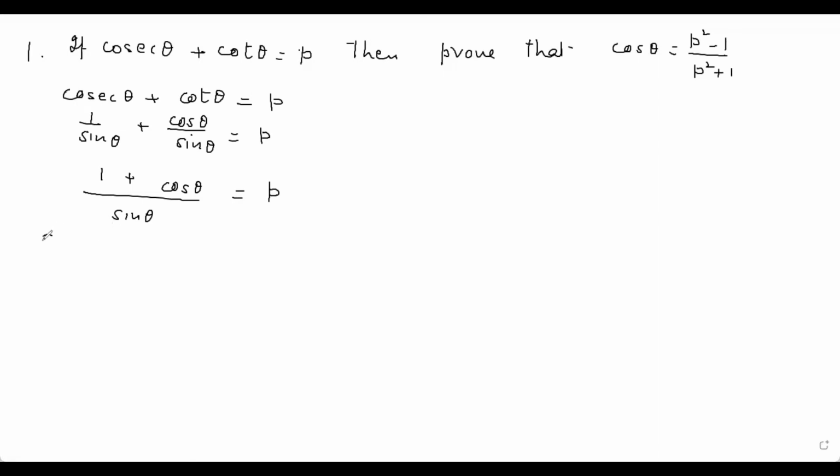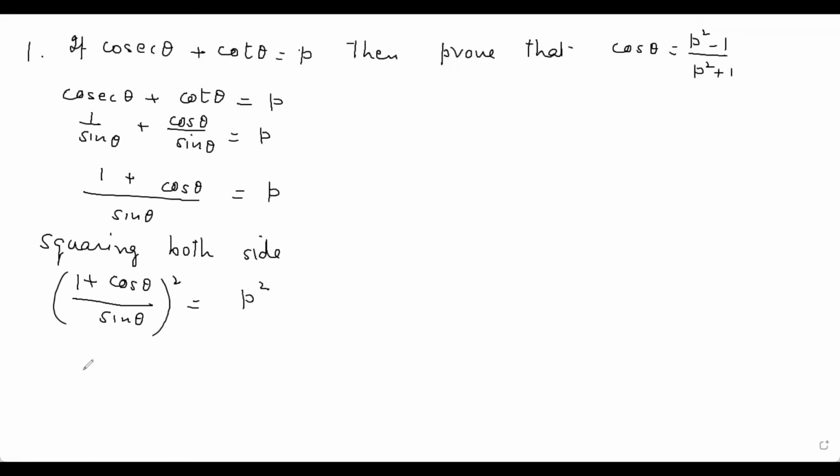Now squaring both sides, I'll have (1 plus cos theta upon sin theta) whole square is equal to p square. It means (1 plus cos theta) square upon sin square theta is equal to p square.